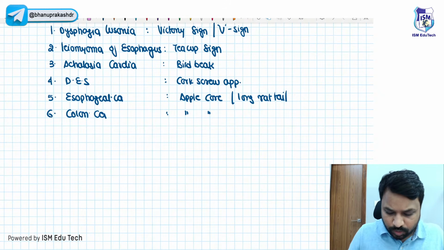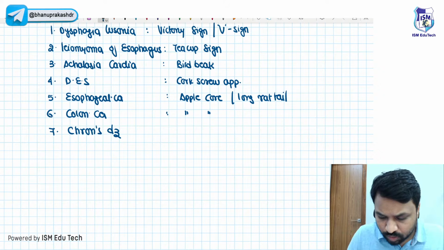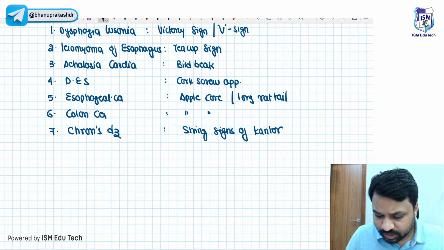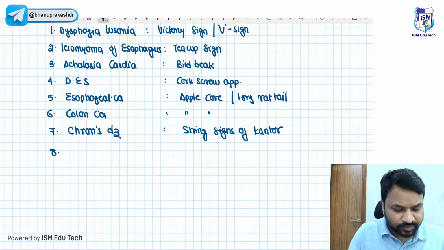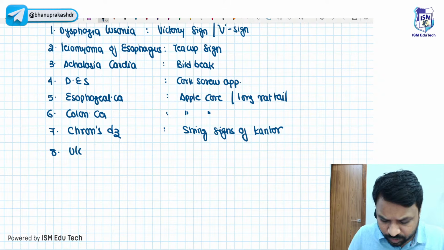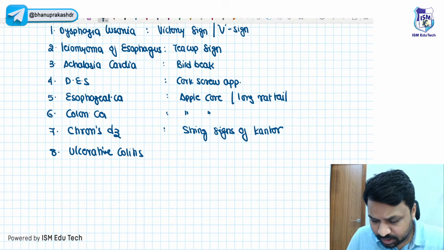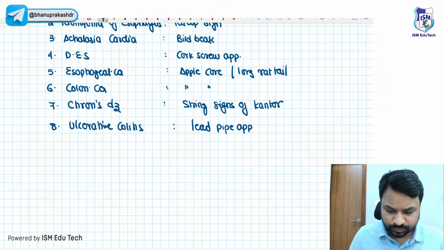Now, when you talk about Crohn's disease, you have the string sign of Kantor. Then you have ulcerative colitis, which shows the lead pipe appearance, right?